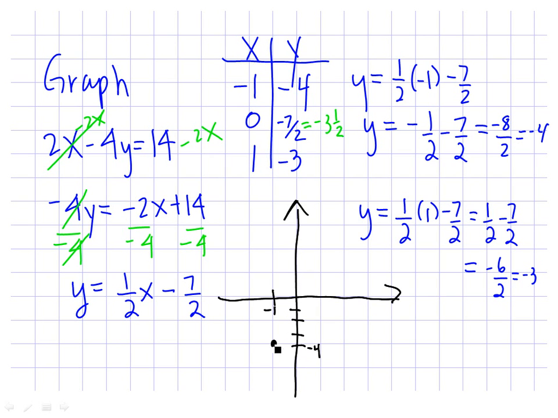So we have (-1, -4) here. Alright, we have (0, -3 and 1/2). So this is 0, and negative 3 and 1/2 would be here, and we have (1, -3). So let's say this was positive 1 and negative 3 would be here. So you have a line like so.